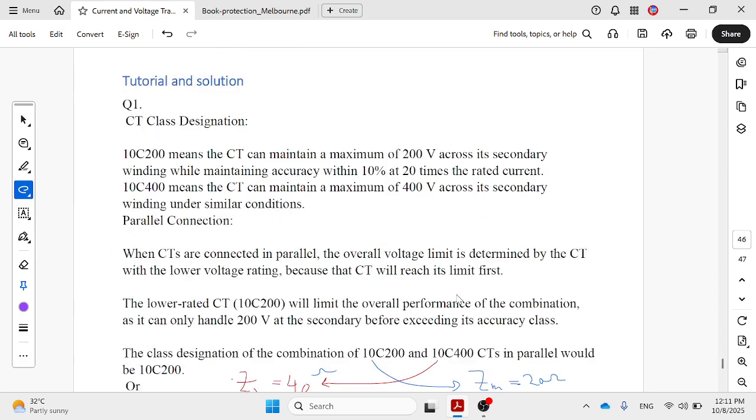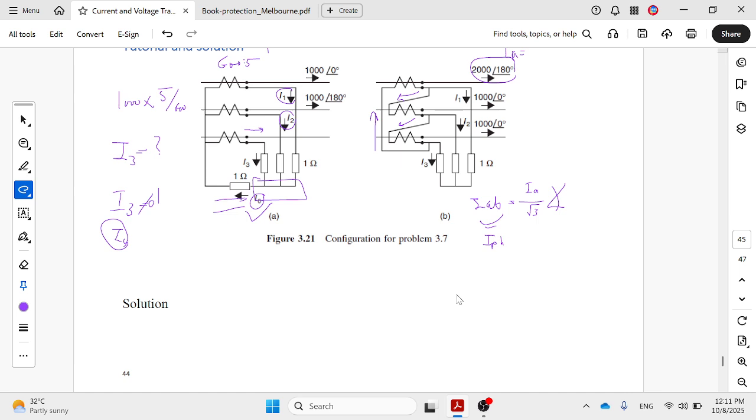Whatever, positive or negative, it is important for me in the exam. So this becomes positive 30 in my view. And then I have this current, which is 2000 with the angle of 180 plus 30, becoming 2000 with the angle of 210 over square root of 3. This is the phase current. I still don't consider the CT, which is 5 over 600.